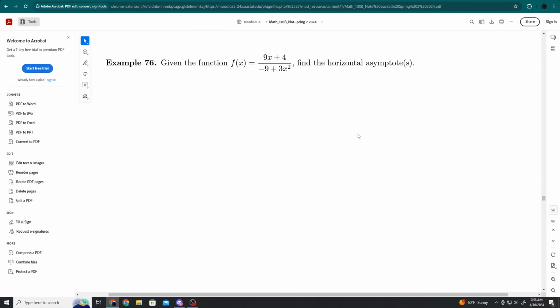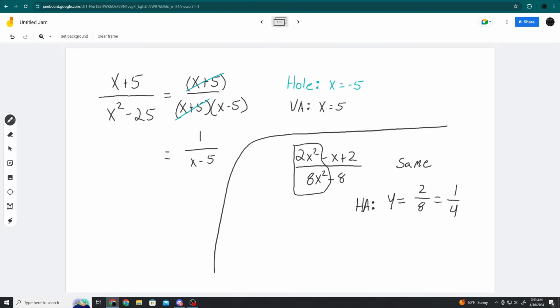So for example 76, I don't have to do any math. I just recognize that the denominator has the larger exponent, so my answer is just y equals 0. That's it. I'm not going to write out the actual equation. I recognize that the denominator has the larger exponent, so my horizontal asymptote is just y equals 0.